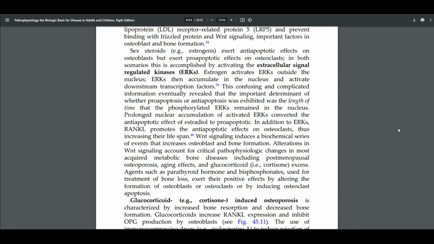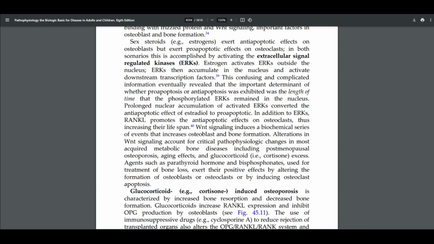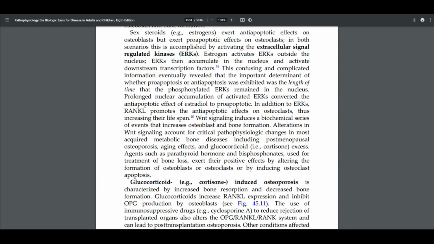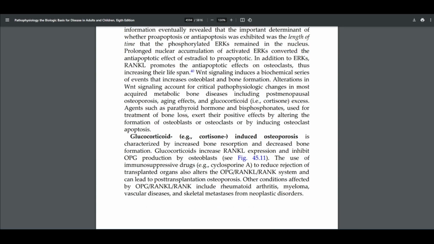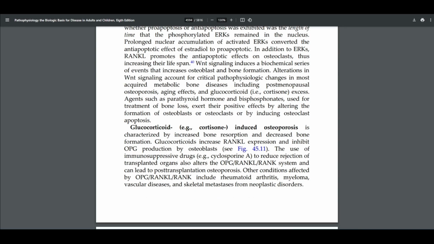WNT signaling induces a biochemical series of events that increases osteoblasts and bone formation. Alterations in WNT signaling account for critical pathophysiologic changes in most acquired metabolic bone diseases, including postmenopausal osteoporosis, aging effects, and glucocorticoid excess.